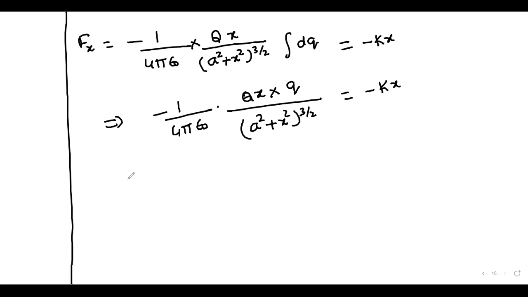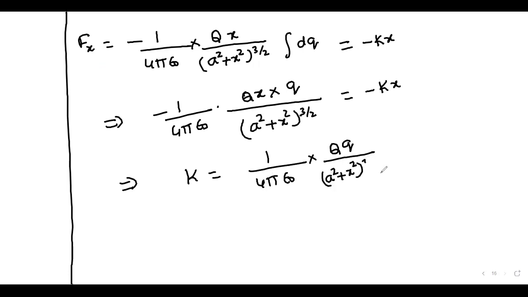So from this we can write k is equal to 1 by 4 pi epsilon naught times capital Q small q upon a square plus x square whole power 3 by 2. They gave that x is very less than a.